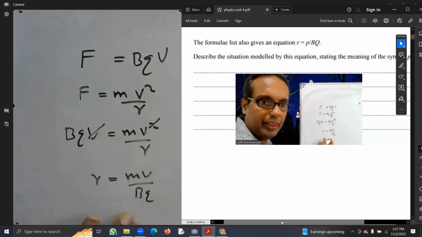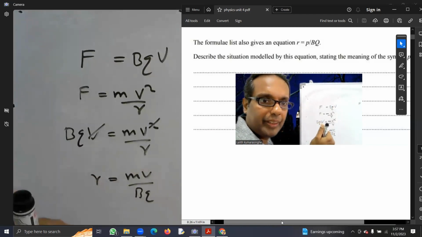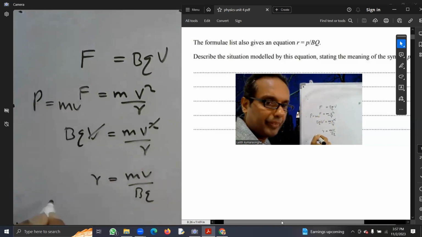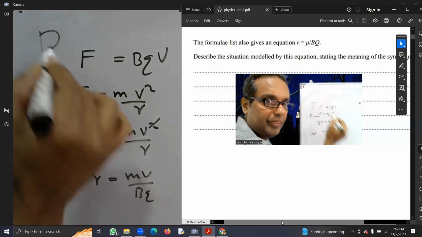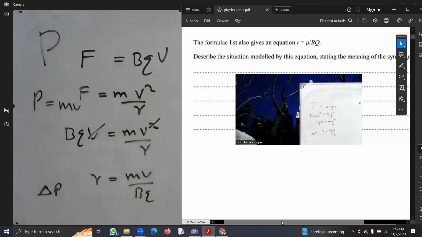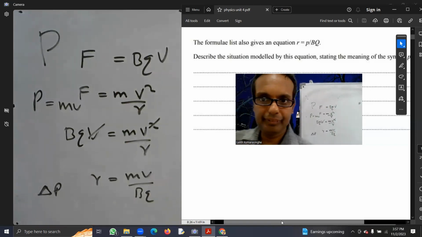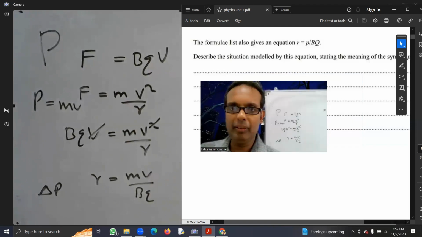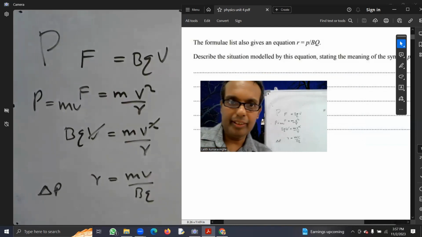As usual, that p stands for momentum. Normally in physics, small p stands for momentum. Delta p, change in momentum. But capital P in physics usually stands for pressure. So in the description, if you can derive this, it's better.